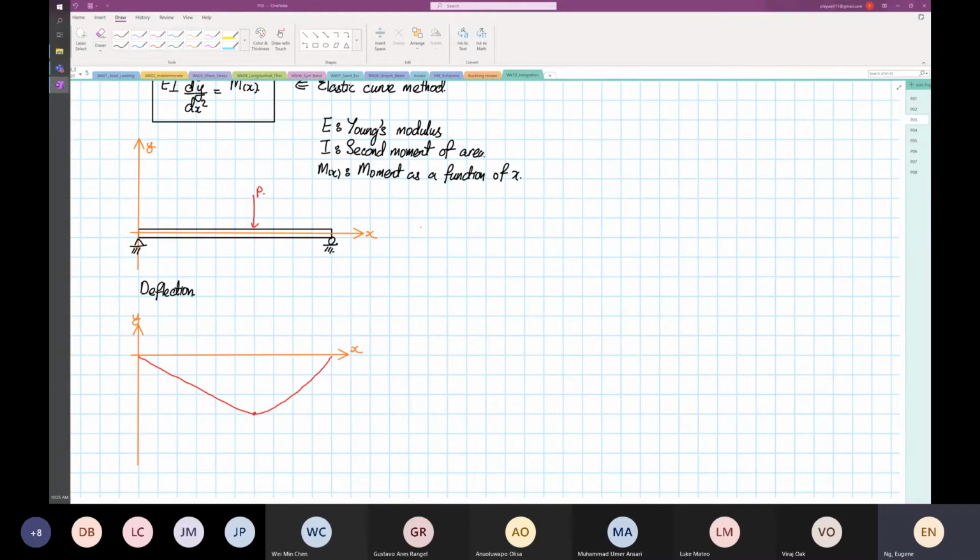If we want to find the deflection, I want to identify, at a certain distance x, at this point, what is our y value?